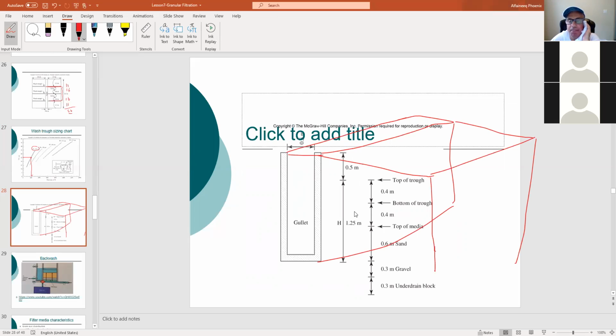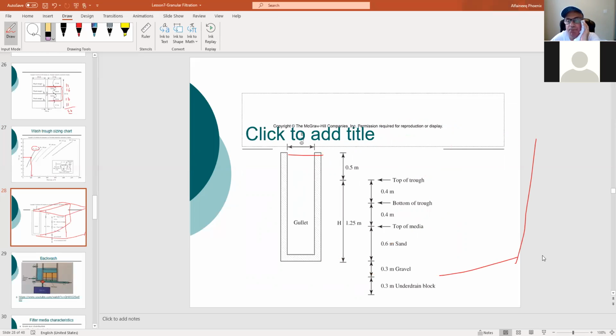So what we have inside it, let's look at these numbers. This is the top of the trough. In other words, the 0.5 is a freeboard.